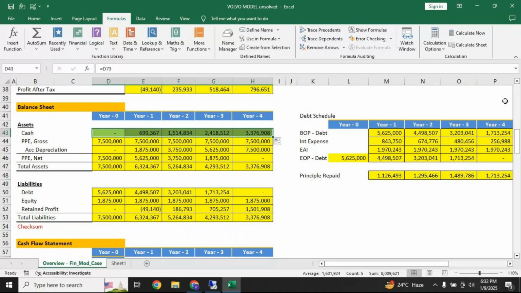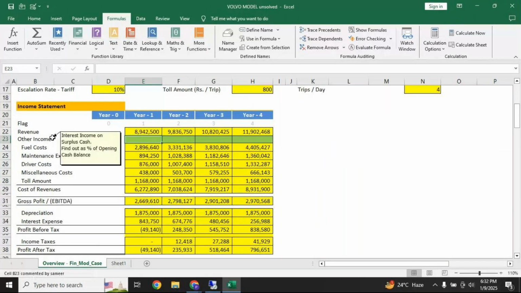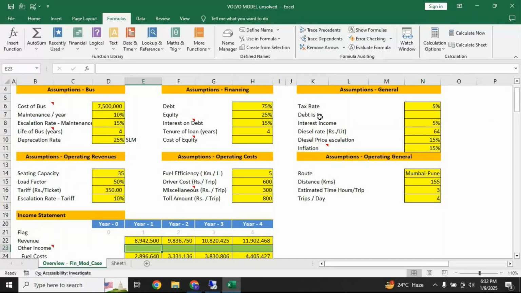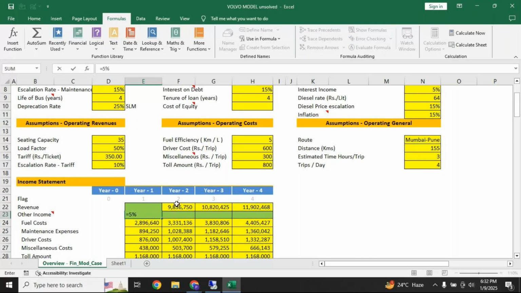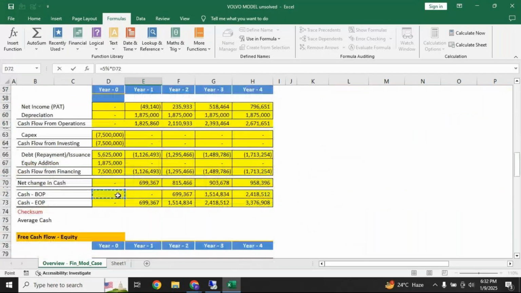Then in the other income, they said interest income on surplus cash, find out the percentage of opening cash balance. So I have to get the opening cash balance over here. The other income they are telling is 5%. So I'll take 5% into the cash at the beginning of the period.